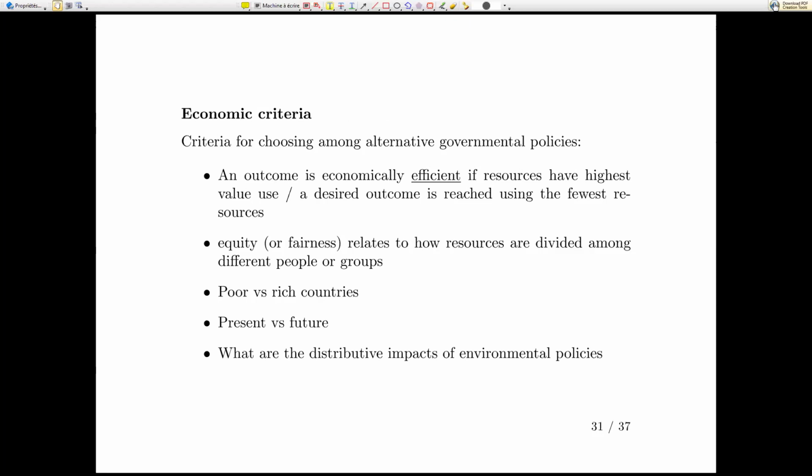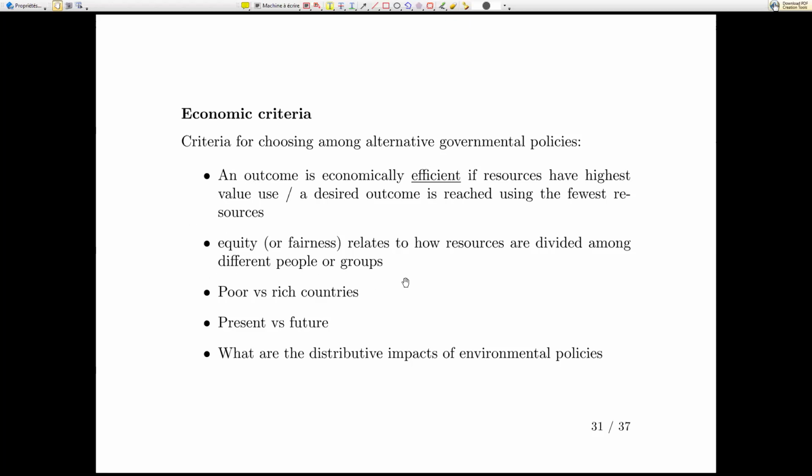So, for instance, if you say we should reduce CO2 levels, economists will say, well, how can you do that if you can do it this way or that way? So you should do it such that it's the least costly for you to do it, at least. Otherwise, people are just not going to want to do it if it's too expensive.